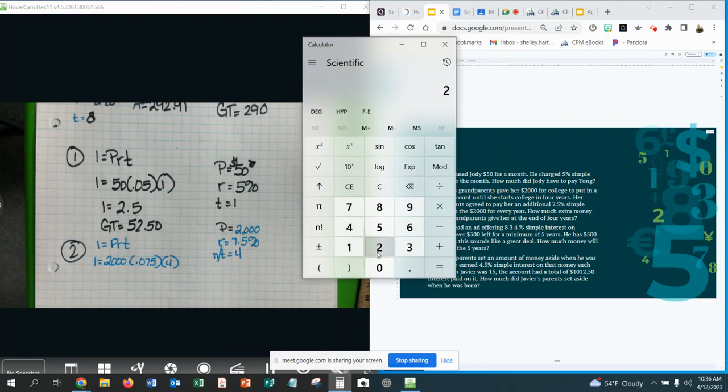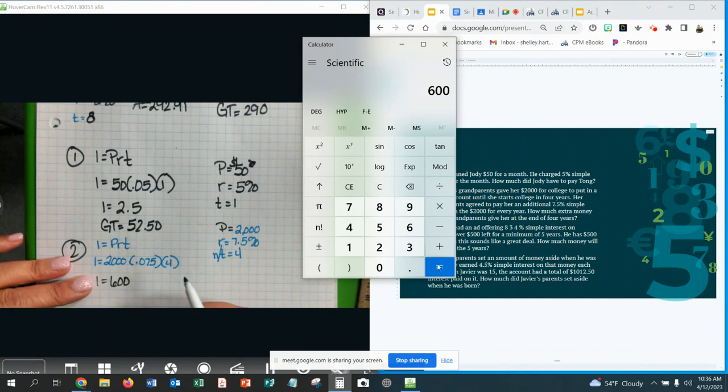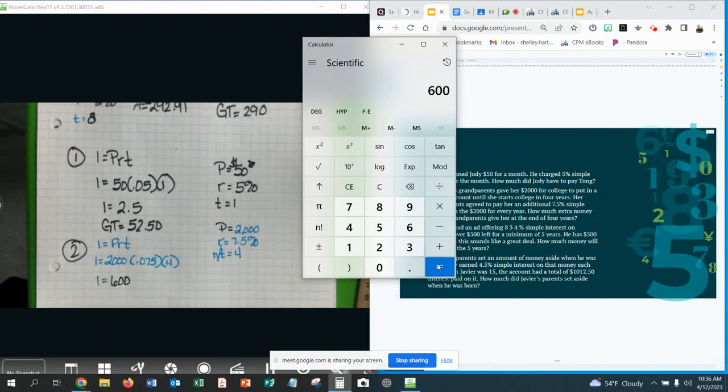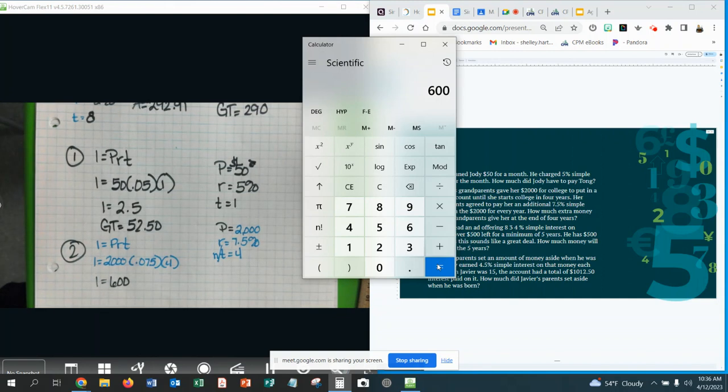I'm going to go 2,000 times 0.075 times 4 equals $600. So the interest that will accumulate is going to be $600 in addition to her $2,000. Does that make more sense?